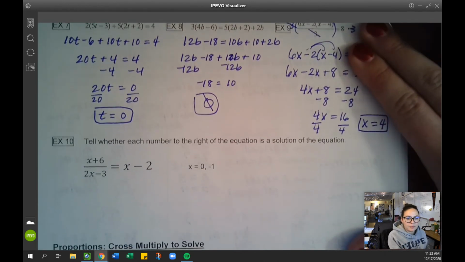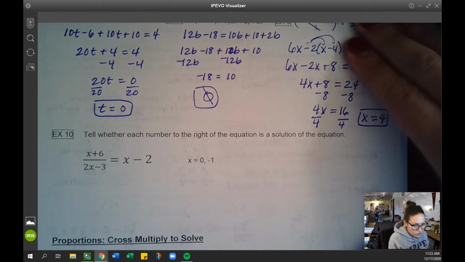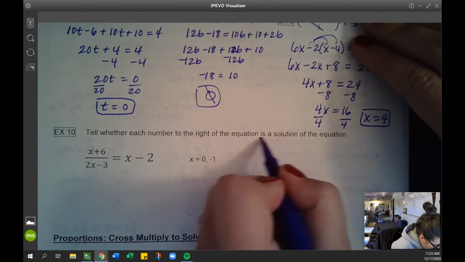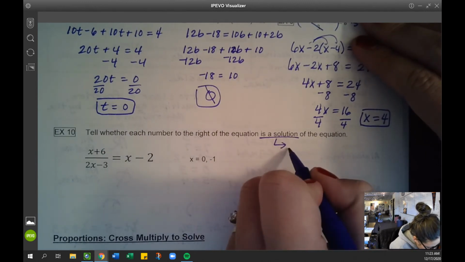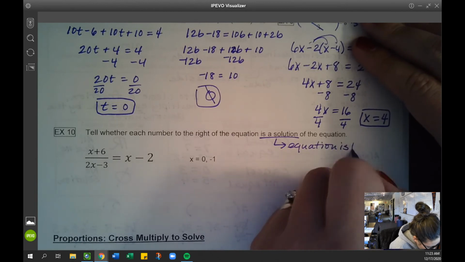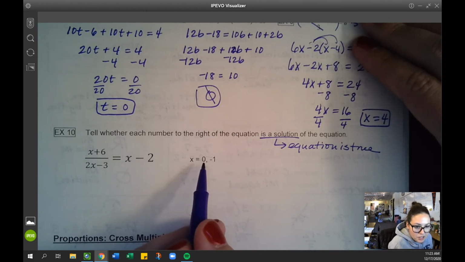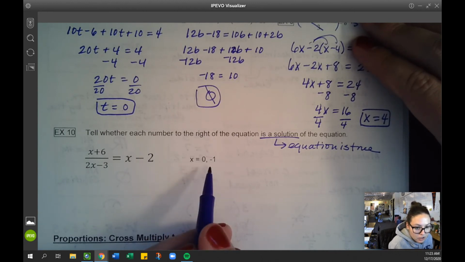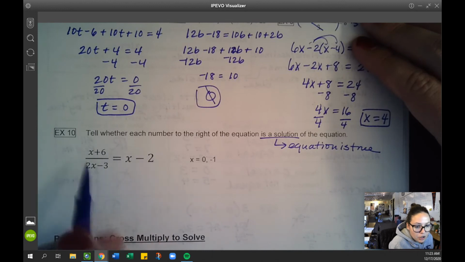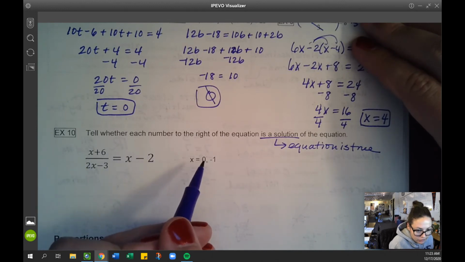All right, number 10. Tell whether each number to the right of the equation is a solution to the equation. So if it's a solution, it's going to make the equation true. So I have to check to see if 0 is a solution or if negative 1 is a solution. So what that means is I'm going to go through and replace every x with 0.